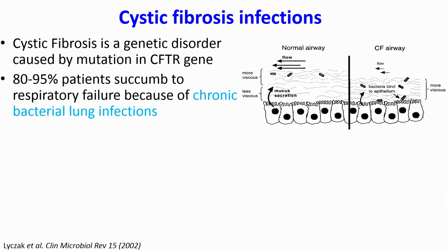So, very quickly, first of all, what they are trying to do. This is a paper that is looking at cystic fibrosis infection. So, cystic fibrosis, first of all, what is that? It is a genetic disorder. It is caused by a mutation in a gene which is called CFTR, which is a cystic fibrosis transmembrane receptor gene, and because of that the secretion of the chloride ion is not good, and that causes a lot of problems in terms of the diffusion and the water content in the mucus.